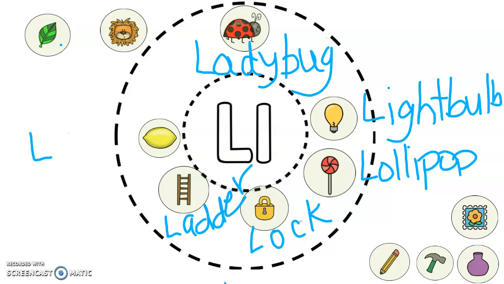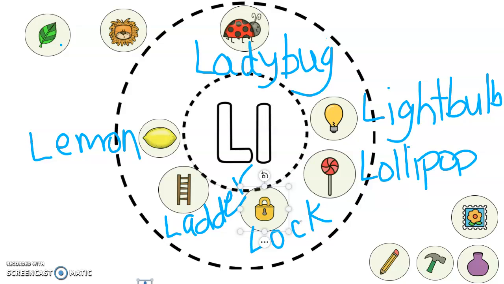L. Lemon. L-E-M-O-N. Very good. Let's read our pictures. Start with ladybug. Repeat after me. Ladybug, light bulb, lollipop, lock, ladder, lemon. Kiss your brain.